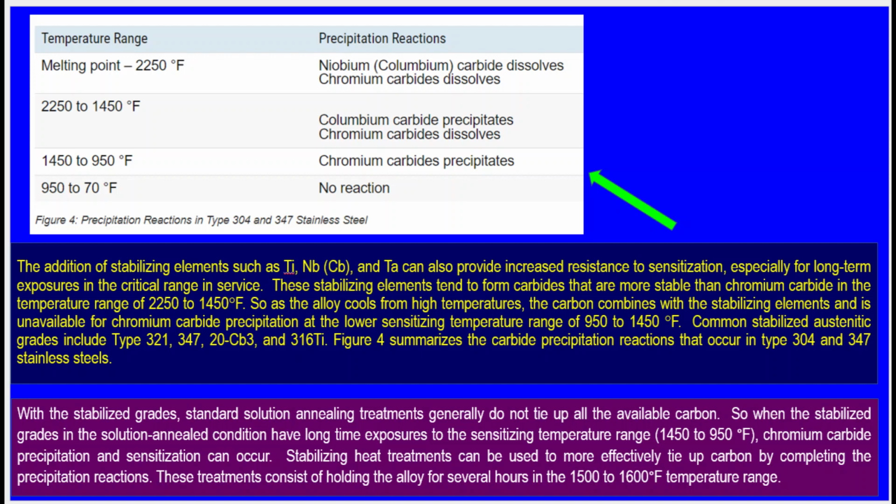Stabilizing heat treatments can be used to more effectively tie up carbon by completing the precipitation reactions. These treatments consist of holding the alloy for several hours in the temperature range 1500 to 1600 degrees Fahrenheit.